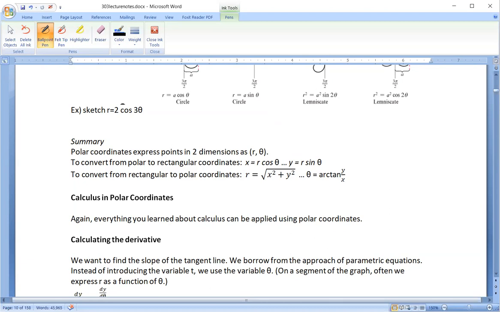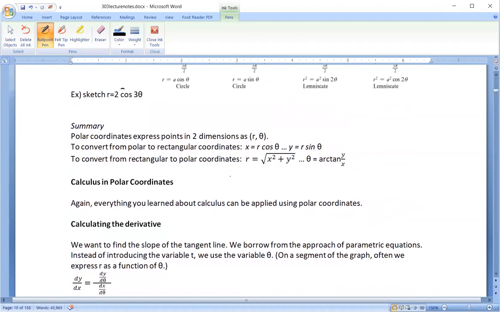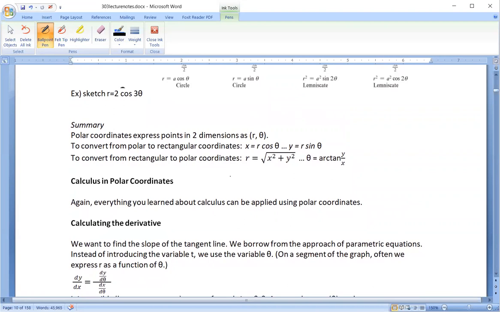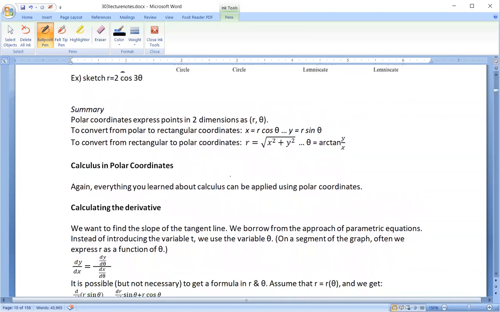In parametric equations we always thought of our parameter as t, but here we're going to think of our parameter as being theta. So we know from parametric equations, dy dx is just dy d theta over dx d theta. And that's going to allow us to find the slope of the tangent line.